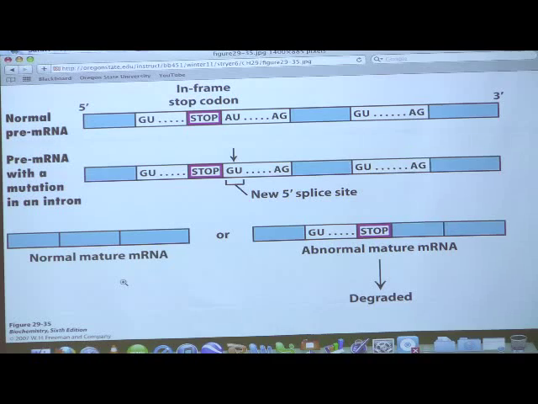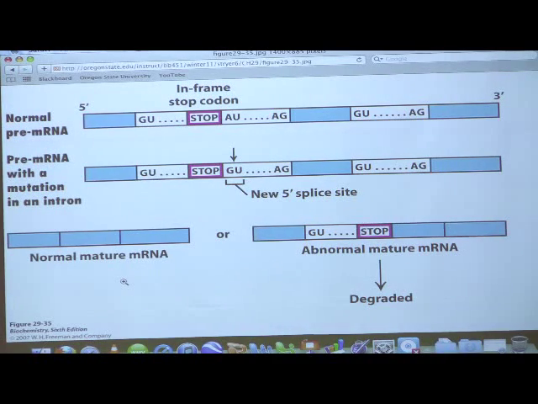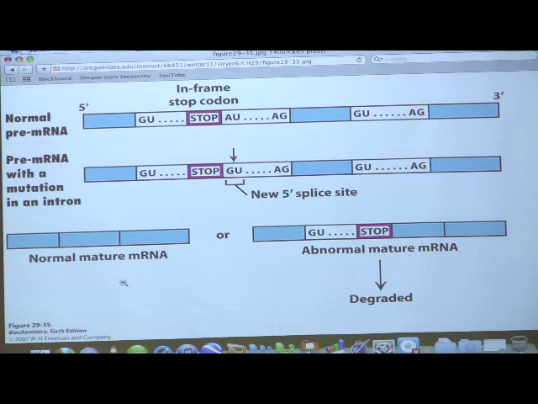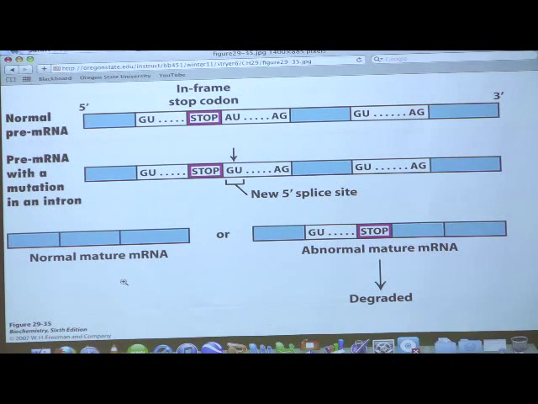When we make an improper one, the cell has no use for that protein, and what will usually happen is either the messenger RNA will be degraded and/or the protein that's made from it will be degraded. Well, if this is a critical protein, like hemoglobin, you've got a severe problem. So there are numerous diseases known as thalassemias that have problems associated with proper splicing.